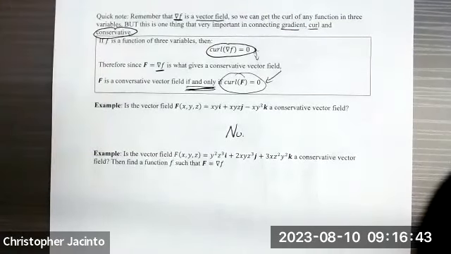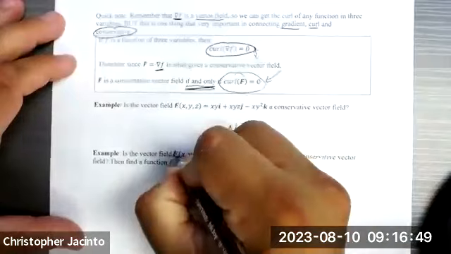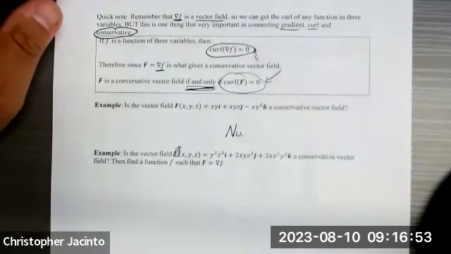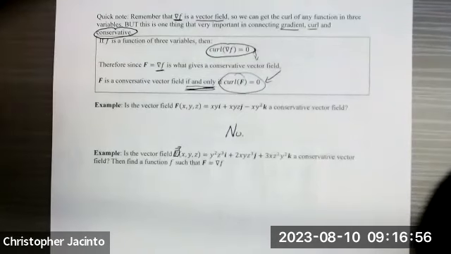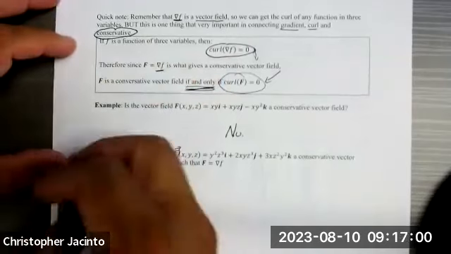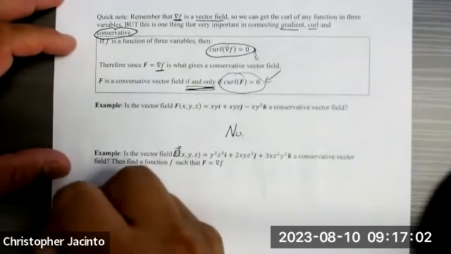So the first question: is the vector field a conservative vector field? I forgot to bold this for you guys, so I'll just put the arrow on top. So is this vector field a conservative vector field? All we have to do is check: does the curl give me 0? So we'll just quickly do that.